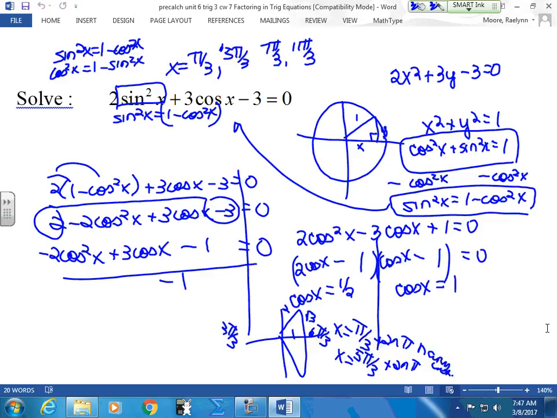And then do the cosine one. Cosine is 1. Sounds like a quadrant angle to me. You're right here. This guy's a -1, so that won't work. So you're at the 0. 0 is also 0 radians. 0 degrees, 0 radians. If I'm going to do it one more time, what do I call this? 2 pi.